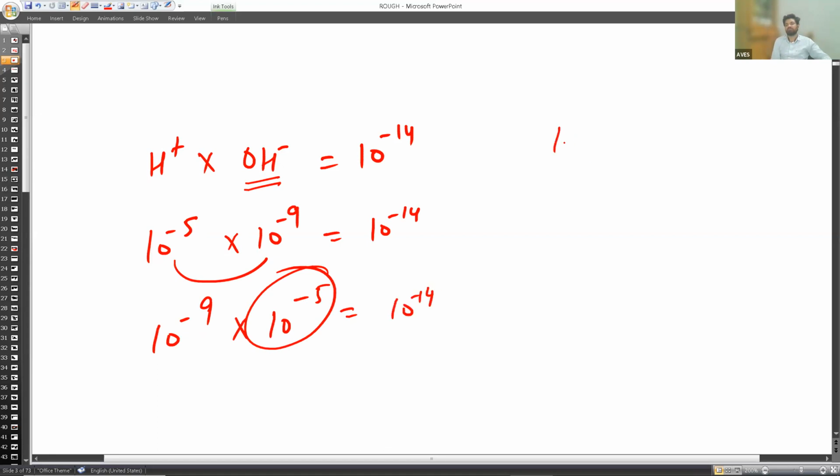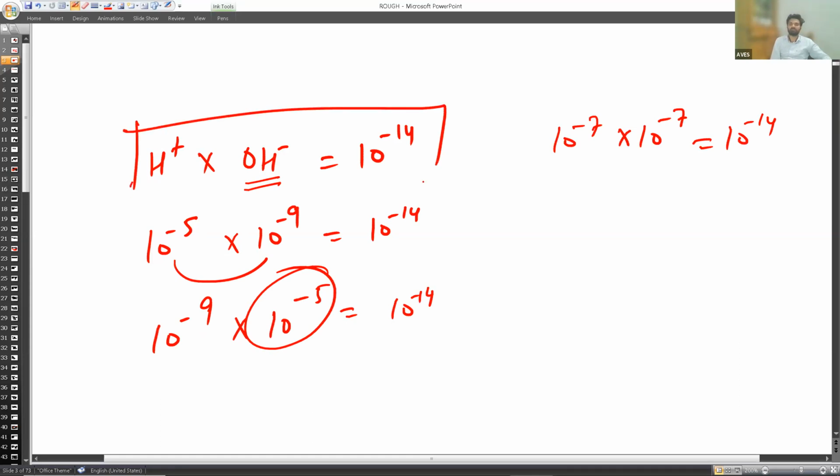If a solution has 10 to the power minus 7 H plus ion concentration, then the OH concentration will also be 10 to the power minus 7, so that it equals 14. So the product of the concentration of H plus ion and OH negative ion is always 10 to the power minus 14.